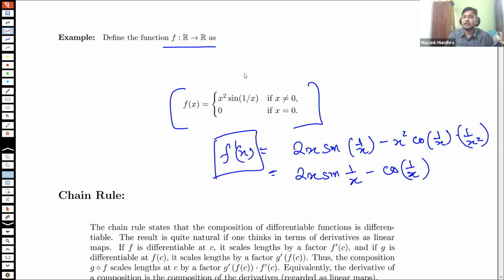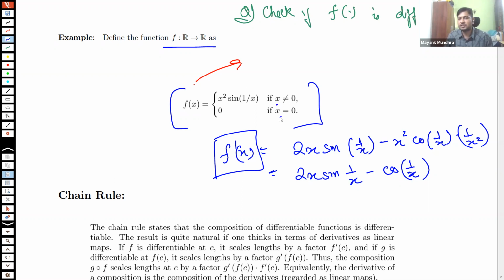Let us look at how to check for differentiability of f of x. Obviously f of x is differentiable at all the other points. I just need to check for differentiability at 0. So the aim is to check if f is differentiable at 0.